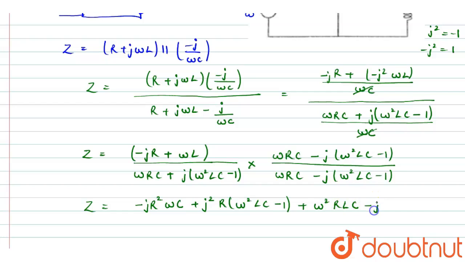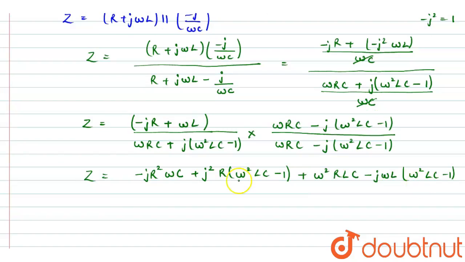Further we have minus j times omega L times omega square LC minus 1, and divided by the denominator portion as omega RC whole square.